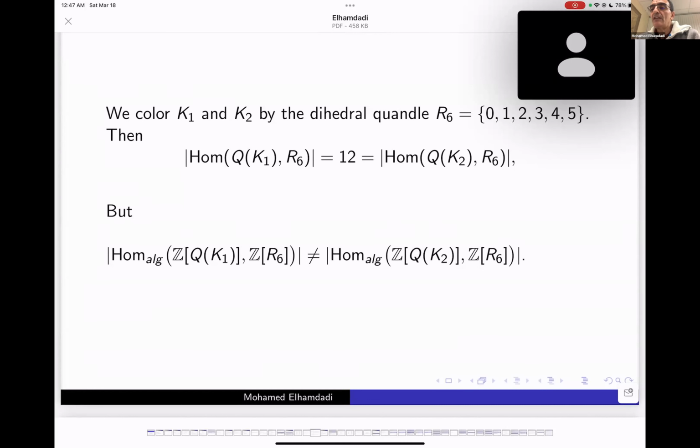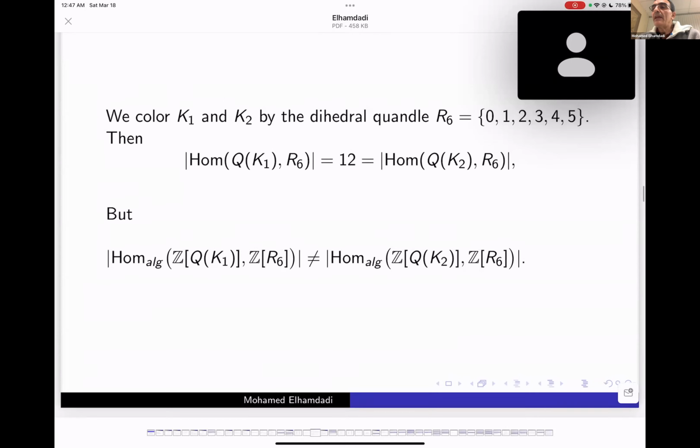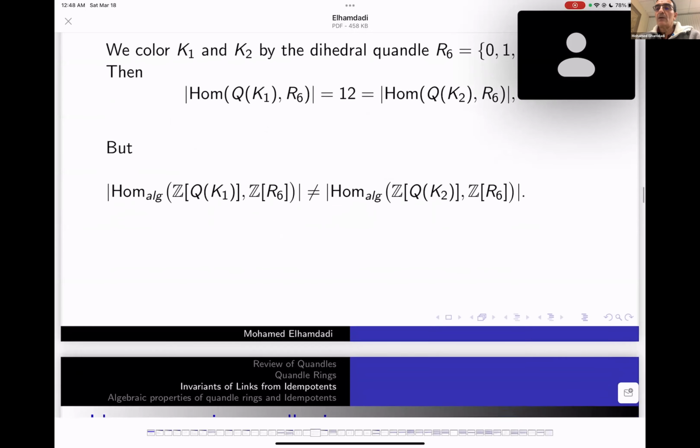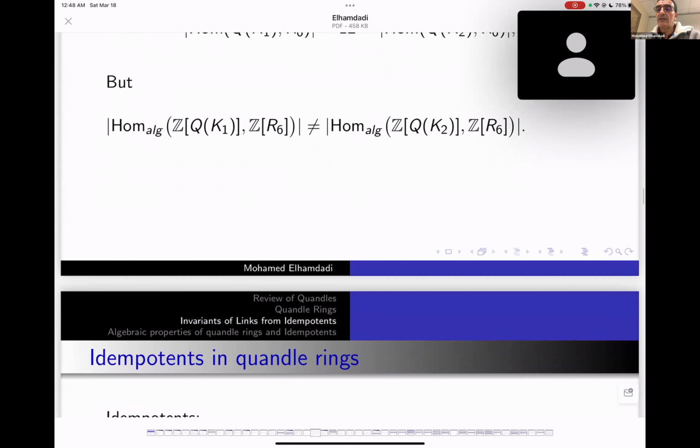It's just the action of the inner group on the quandle, and R6 has 2 orbits, namely 0, 2, 4 and 1, 3, 5. Each orbit is isomorphic to the dihedral quandle of order 3, Z3, with the star operation being x star y equals 2y minus x. Then we can prove that we can distinguish them. The classical coloring invariant did not, but when we use the quandle ring, we are able to distinguish them. So this is a stronger invariant.